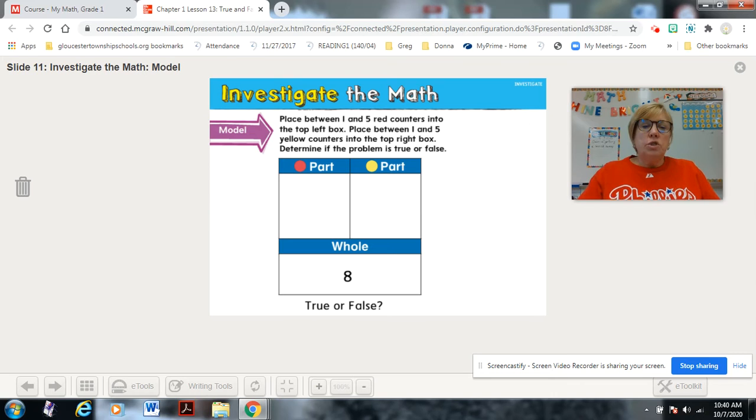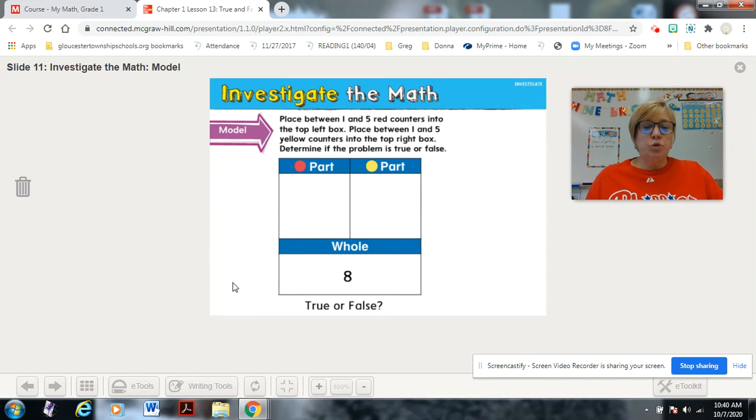So for investigating that, we are going to use a part whole. Here are the directions. Place between 1 and 5 counters into the top left box. That would be this one right here, top left.